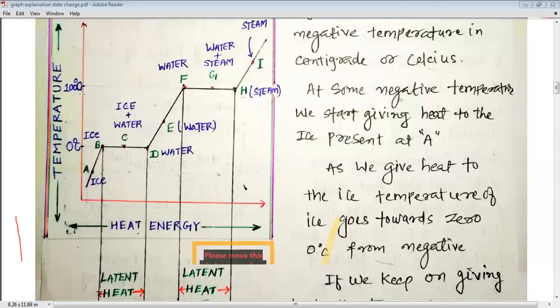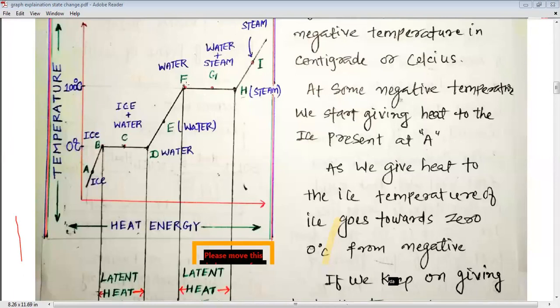When it reaches 100 degrees centigrade or 373 Kelvin, my dear students, we reach point F. We consider point F as having the temperature of 100 degrees centigrade or 373 Kelvin. At point F, we still have 1 kilogram of water, and its temperature is 100 degrees centigrade or 373 Kelvin.